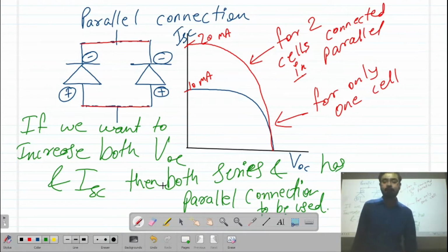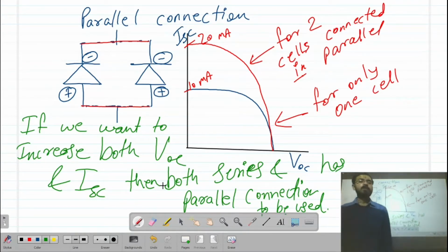Both series and parallel connection have to be used, right? So this is all about the series and parallel connection of a solar cell.